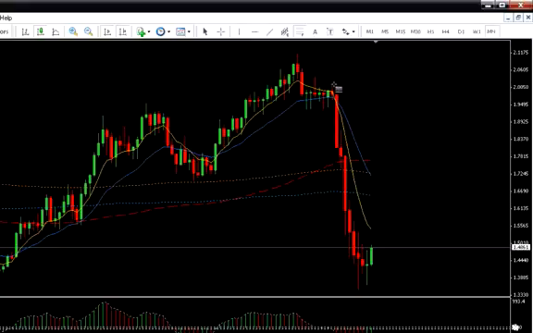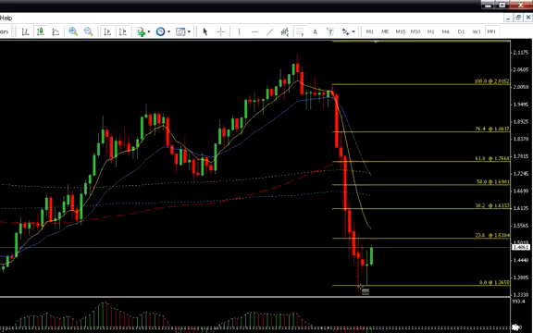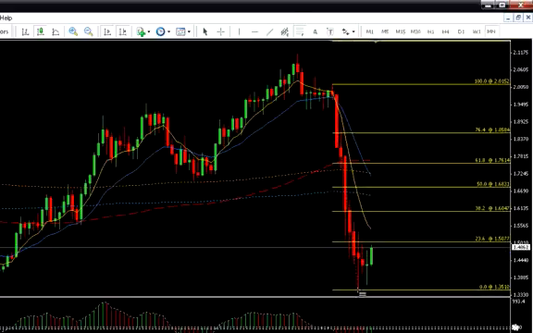So the last actual swing is this down move here. So there we go. Okay, so the swing is from 20155 to 1301. So that's your monthly, the last monthly swing.